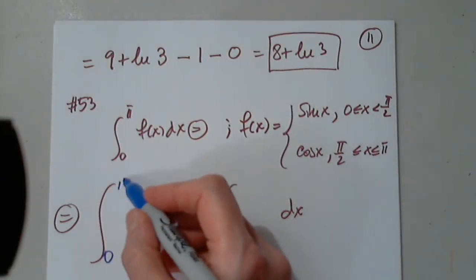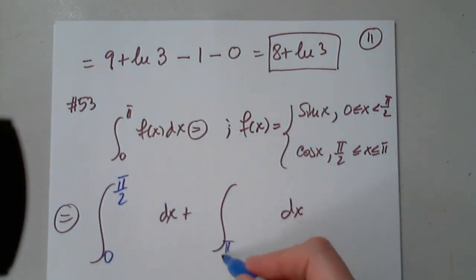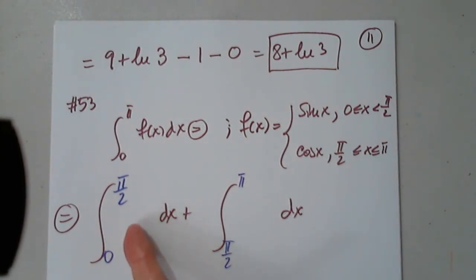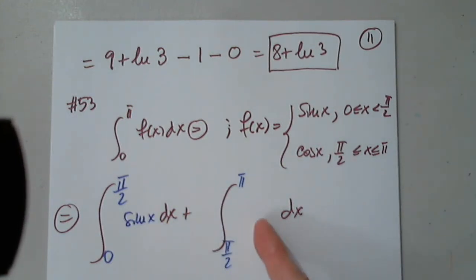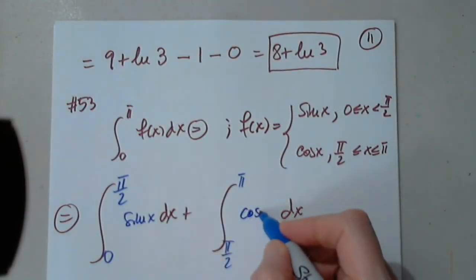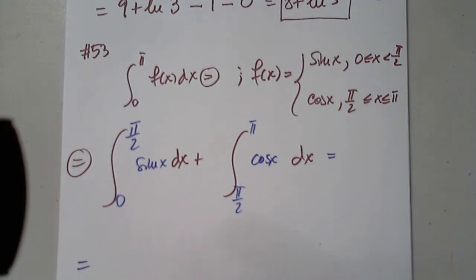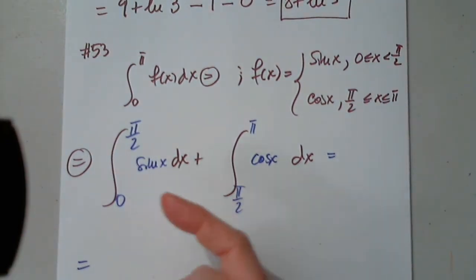Yes. And then the other one's just pi over 2 and pi. Excellent. Awesome. Do we write sine x? Very good. Sure. And then cos x? That's it. So which function prime is sine x?